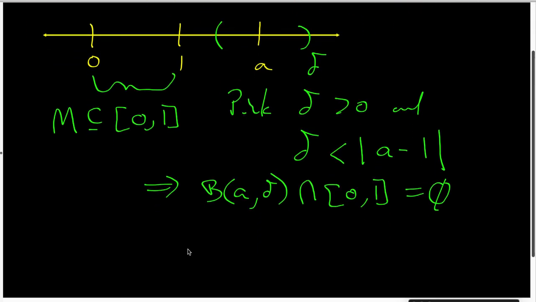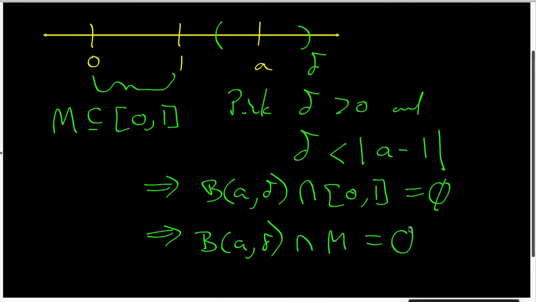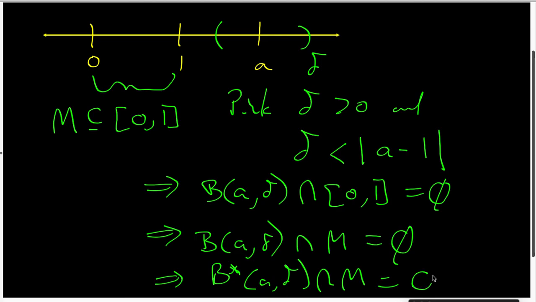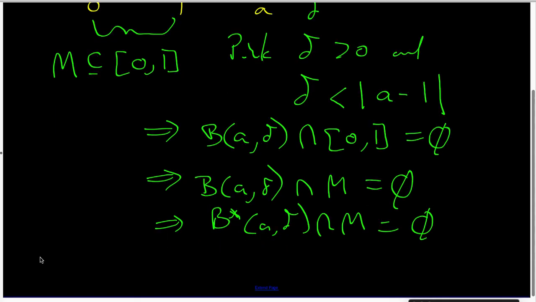But that's enough to say that the delta ball intersected with M is empty, and that's enough to say that the punctured delta ball centered at A of radius delta intersected with M is empty. And so what we've managed to say is that A is not an accumulation point for M.